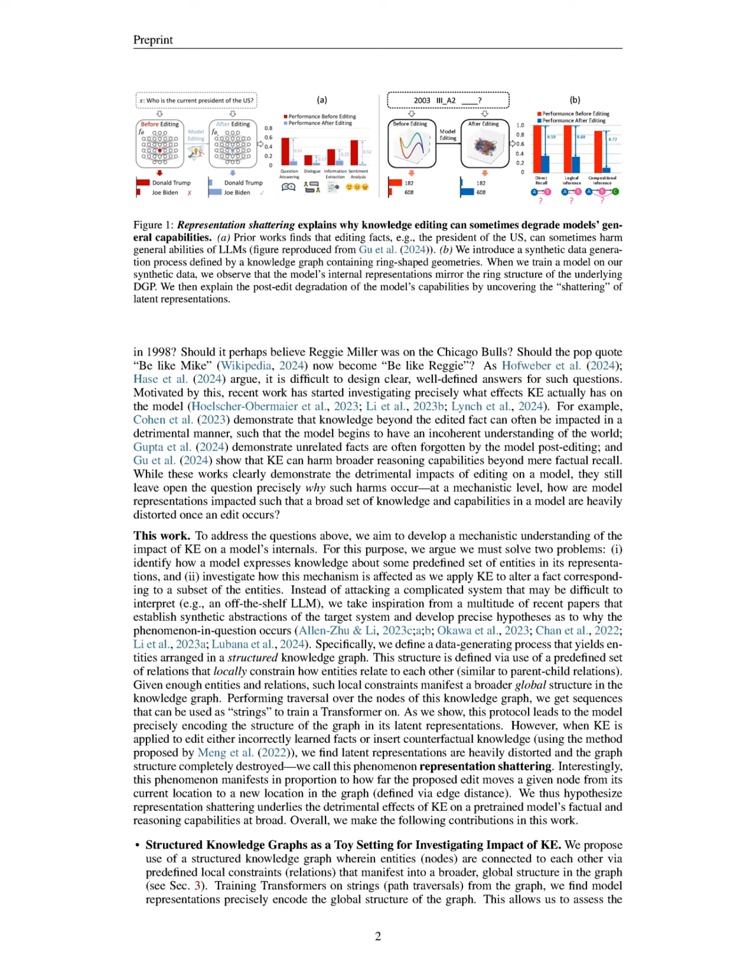Firstly, structured knowledge graphs allow for a clear representation of how entities and their relationships are interlinked, which facilitates a precise understanding of the global structure that the model learns during training. This structured approach enables researchers to visually delineate the global effects of distorting a fact, as the graph's organization can be systematically altered and analyzed.